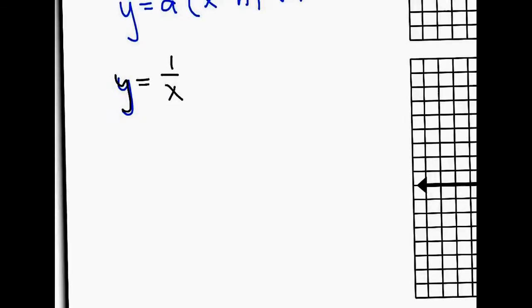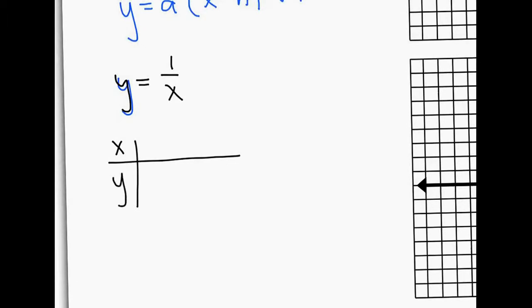Our next parent is y equals 1 over x. Let's do that in black. And same idea, we're going to set up an xy chart to get a few points. If I plug in -1 for x, 1 divided by -1 is -1.